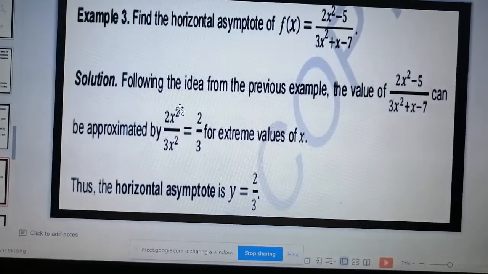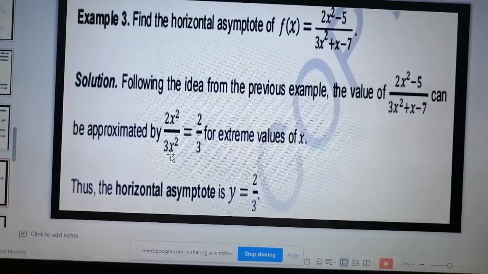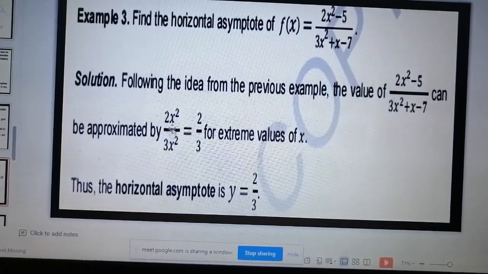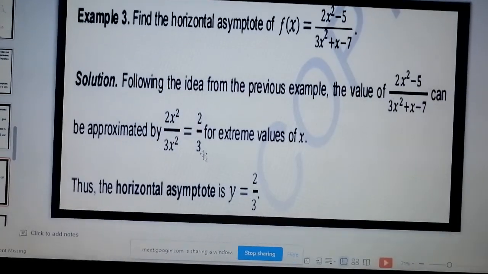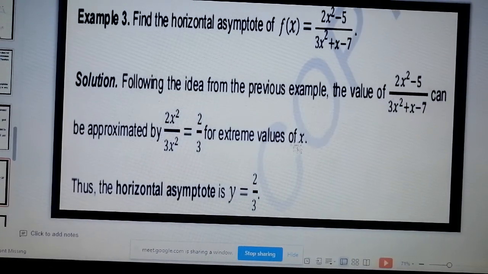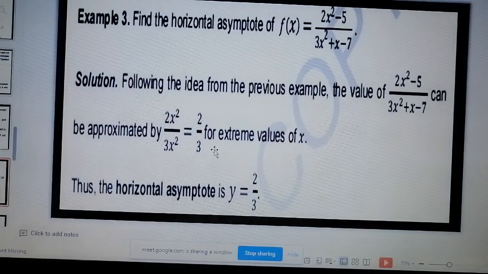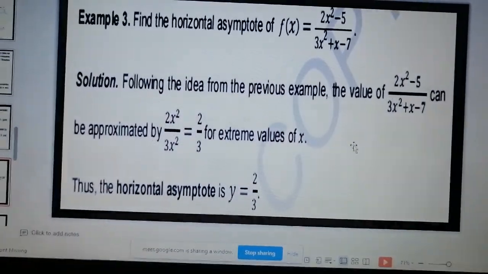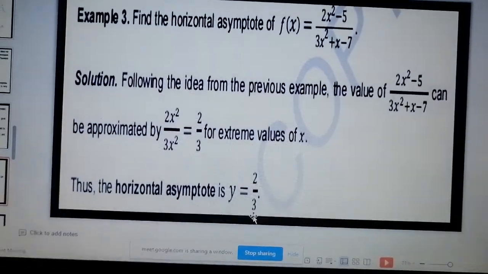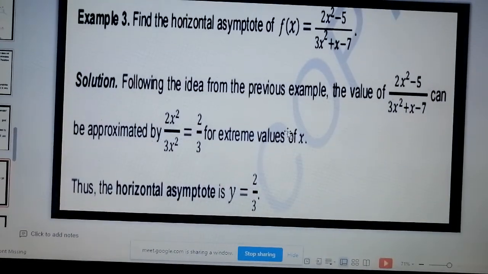Tama? O, ano yung matitira? 2/3. Okay, ang matitira ay 2/3. So, ang magiging value ng extreme value ng x ay 2/3. So, therefore, the horizontal asymptotes is y is equals to 2/3. Ganun lang, anak.